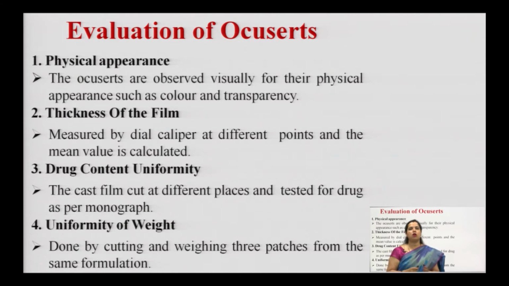Now, the ocuserts are observed visually for their physical appearance, such as color and transparency. If it is not transparent, it may hamper the vision of the patient when applied to the eye. Now, next is thickness of the film. It is an important parameter, because if the ocusert is thick, then it may interfere with the vision of the patient.